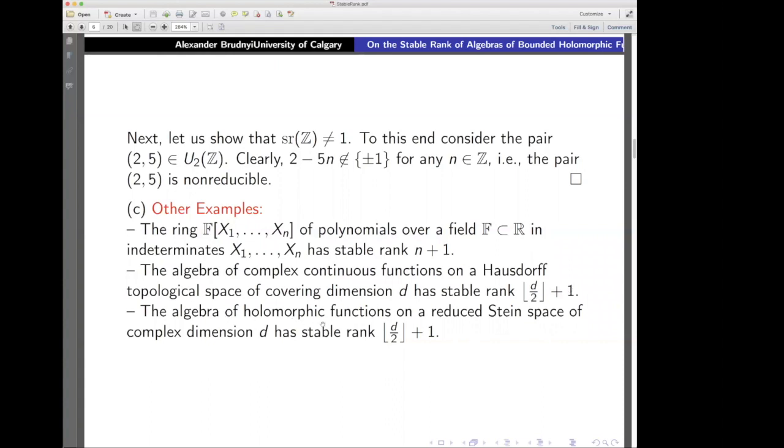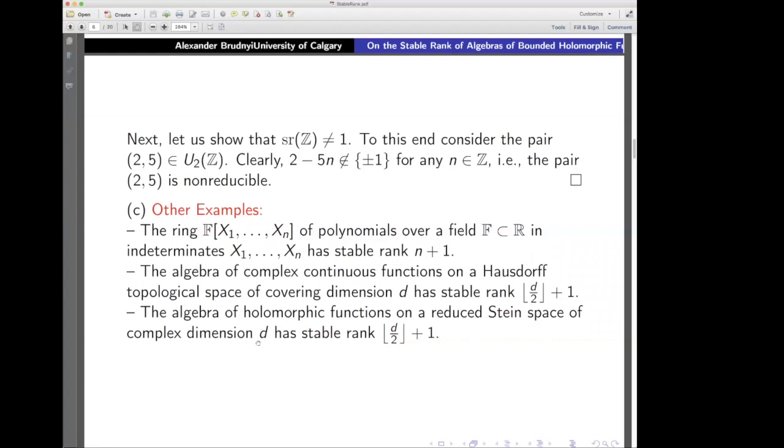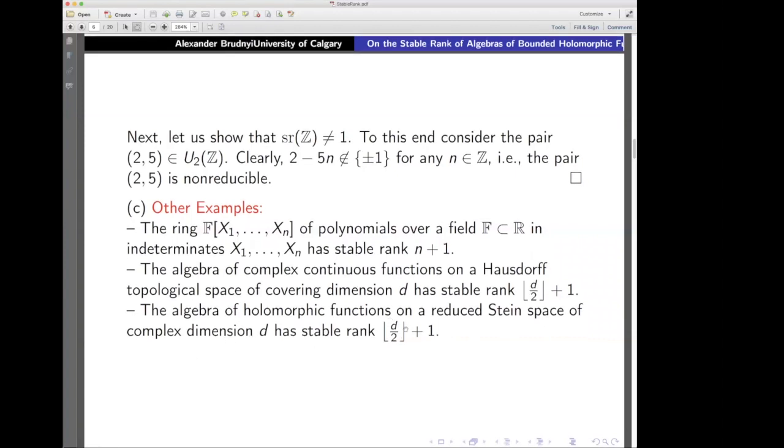The algebra of holomorphic functions on a reduced Stein space of complex dimension d has stable rank the integer part of d over 2 plus 1. Many more examples can be found in a new book by Brudnyi and Rapp, which will be published soon. Rudolf is here just as a participant of our seminar today, and if you wish, you can ask him for the reference of their book.